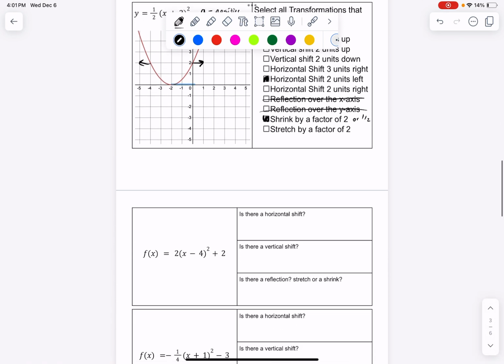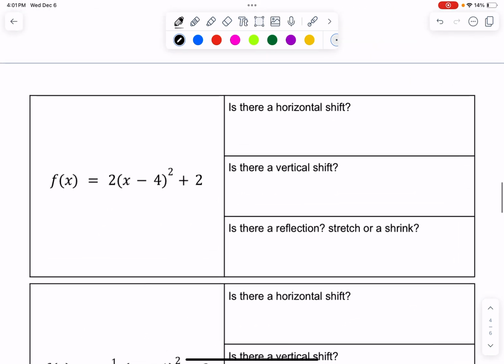All right. Now let's talk about if we are given just a function instead. So when we're given a function, it's a little bit harder because we don't get the visual help, but we can still do it. So here we see that we have a horizontal shift comes from this inner portion. So yes, there is a horizontal shift.